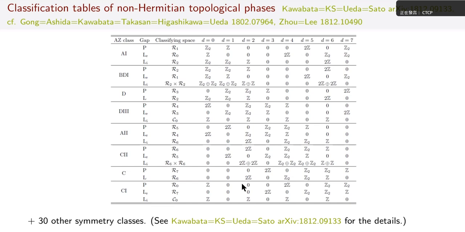In this slide, I just showed 8 symmetry classes, but there are other 30 symmetry classes. Here P means point gap, and R and Li represent real line gap and imaginary line gap respectively. If you are interested in this picture, you can see here.